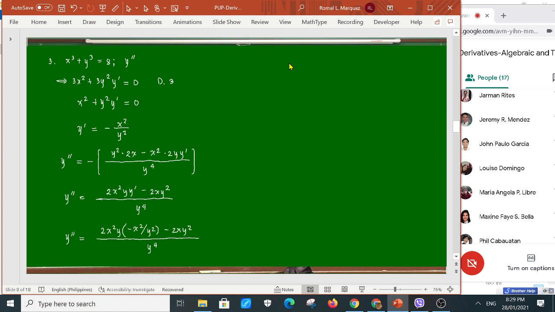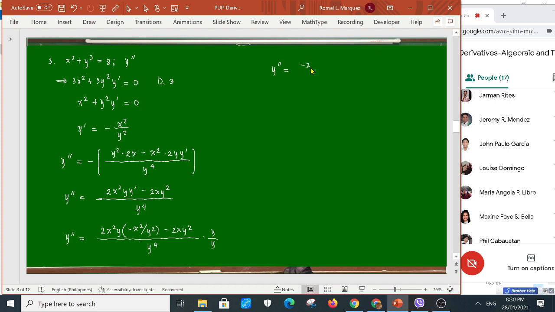This is just algebra, no? Simplify natin. Y double prime is equal to 2x squared y. This is, multiply ko na lang to ng y over y. Kasi ang y dito, cancel dito. So, ano na lang ang nasa ilalim nito? Y. Remember, y na lang yan, ha? 1 over y squared, y na lang here. Y times 1 over y, cancel.